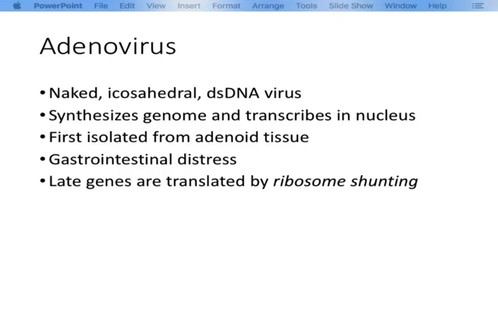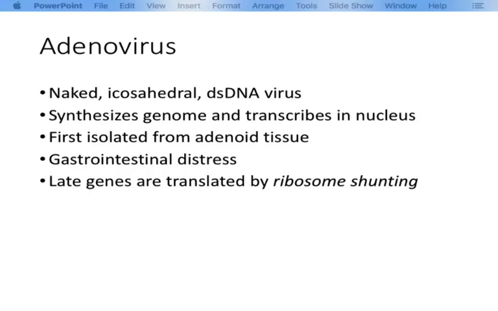Here are some basic facts on adenovirus. It's actually been in the news recently because I'll give the rationale in a minute, but naked icosahedral double-stranded DNA virus. Genome's about 100,000. I think it's in the 50 to 100,000 range. It's a little bit on the larger side. Synthesizes its genome, transcribes in the nucleus. The name comes from the fact that it was first isolated from adenoid tissue.